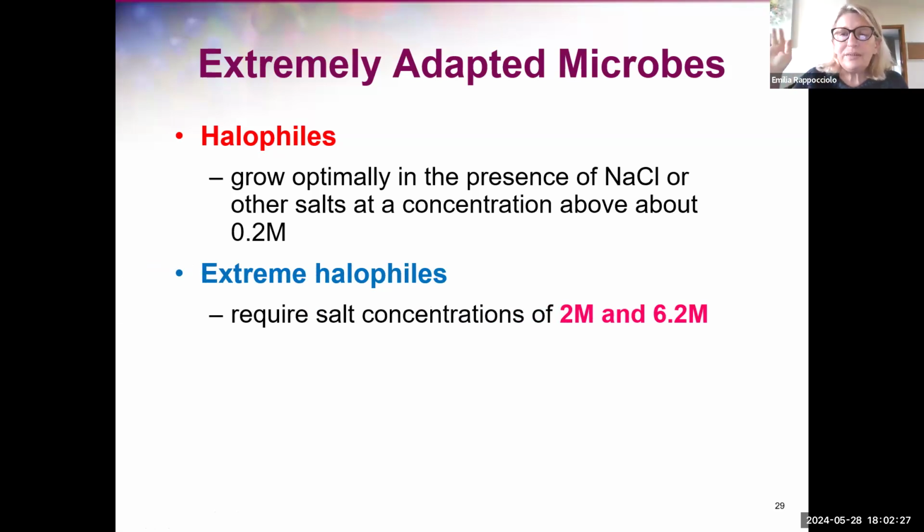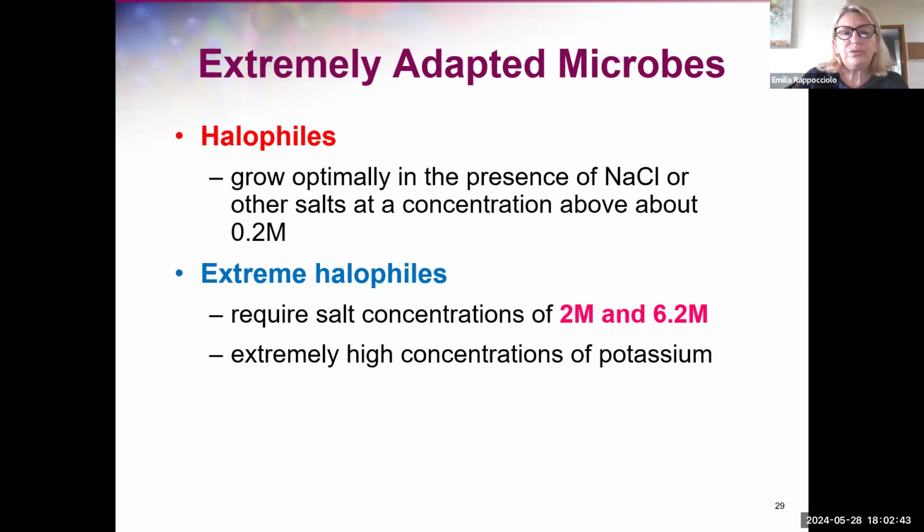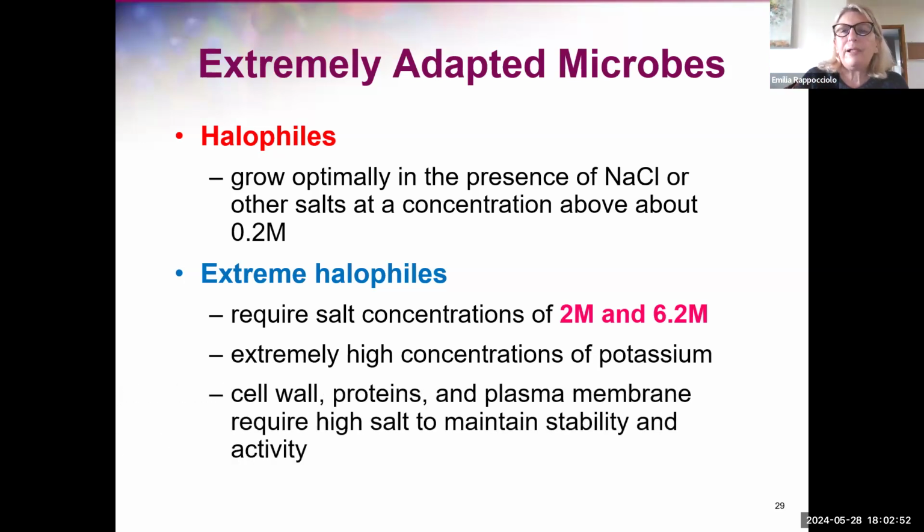You know, in the Dead Sea here in Palestine, you know, Bahr al-Miyat, the concentration of salt is very high. And there are bacteria and there are archaea there, which can grow at this very high concentration of salt. Yeah. These ones need also very high concentration of potassium, not just the sodium chloride, yeah?